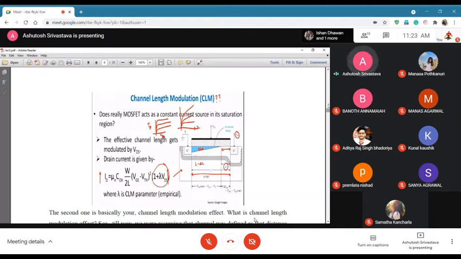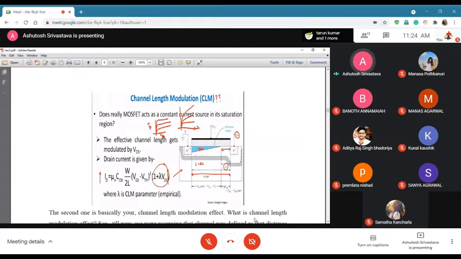So, but in reality, does the MOSFET actually act as a current source in the saturation region? The answer is not 100%, or not really. This is basically because of the effective channel length.